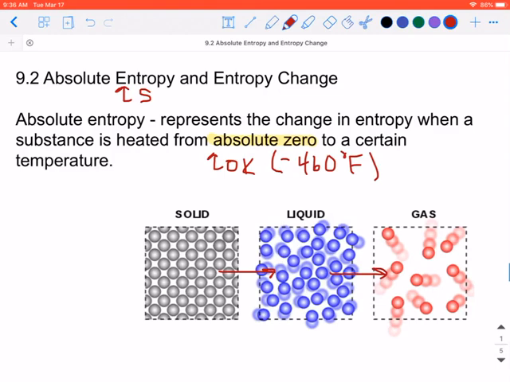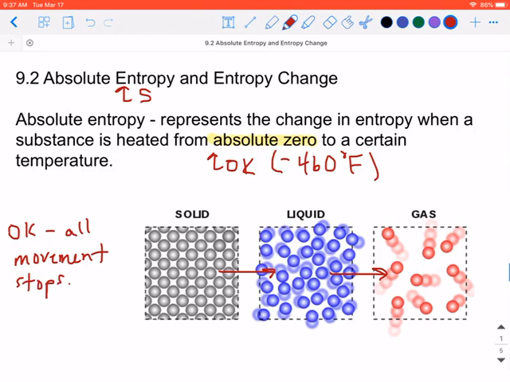But it's also important to remember that when you're increasing the temperature, you're also increasing the movement of a substance. So at 0 Kelvin, interestingly enough, all movement stops. Everything is completely still at 0 Kelvin.